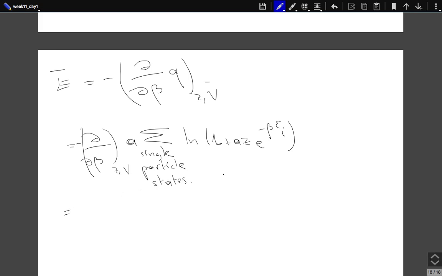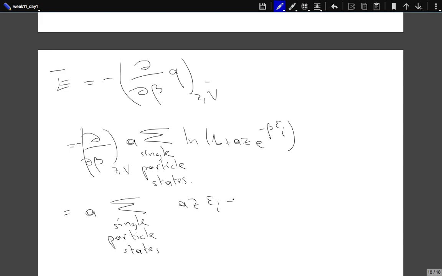Well, this is equal to, if I take the derivative with respect to beta, a times the sum over single particle states. Okay, I'm keeping z constant. 1 is a constant, a is just a constant. Since I'm keeping the volume constant, the epsilon i's do not change. It's just this beta over there. When I'm taking the derivative with respect to beta, it brings down a factor of minus epsilon i, but there's a minus sign over there that also cancels.